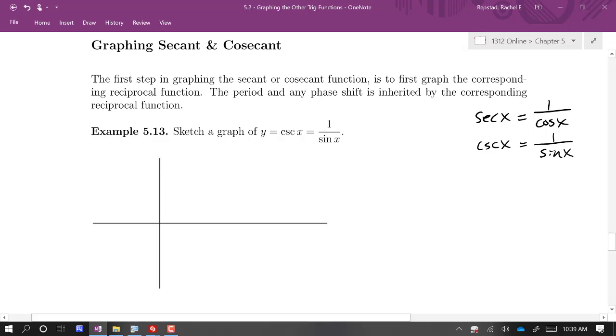So let's begin. Let's say we're going to do cosecant of x, right? So the first thing I'm going to do is plot sine of x, and I'm going to make sure I leave myself plenty of space above and below. I don't want to take up the whole y-axis with the amplitude of sine, because I'm going to need space. It's got a period of 2 pi.